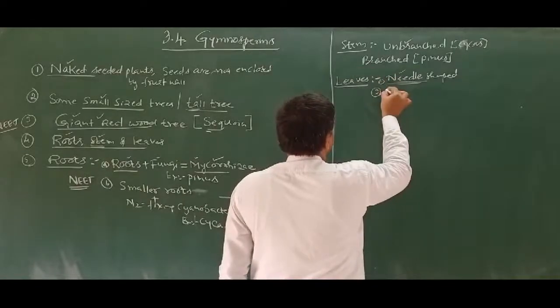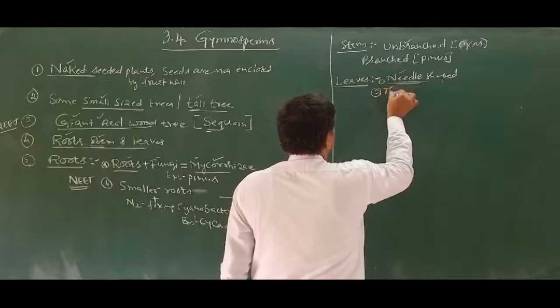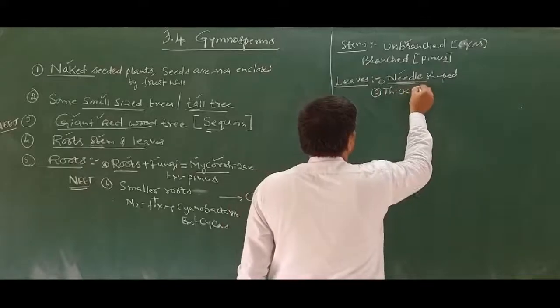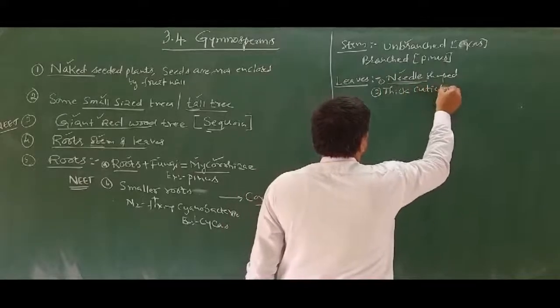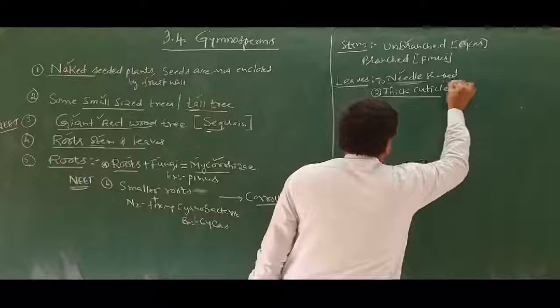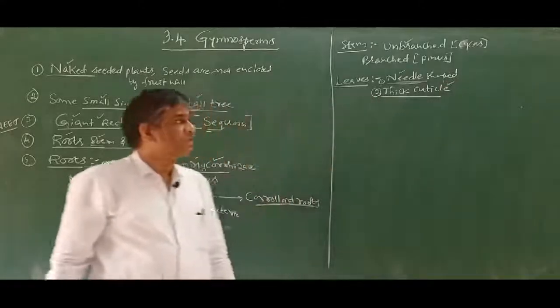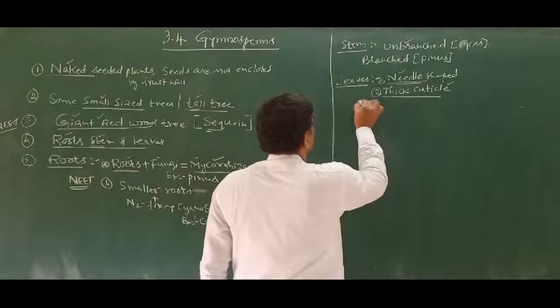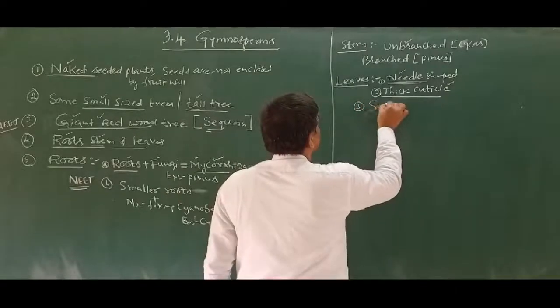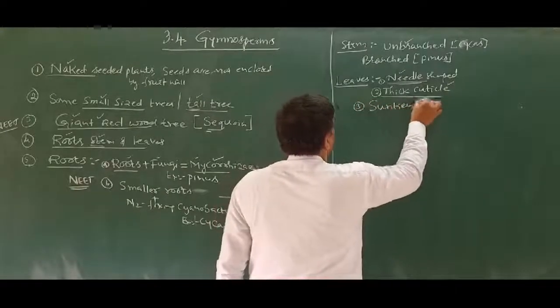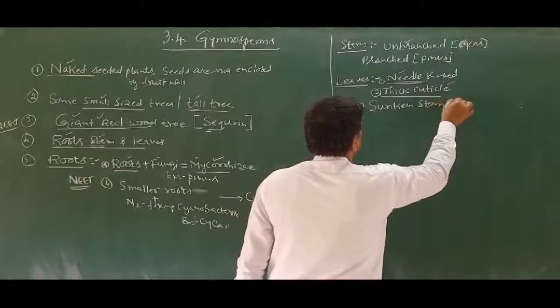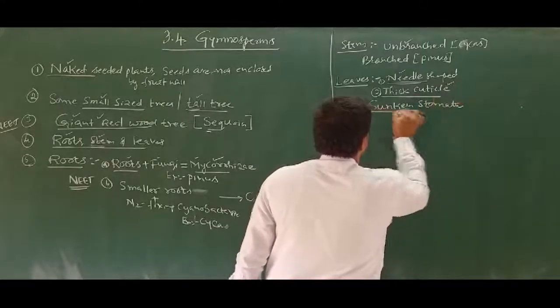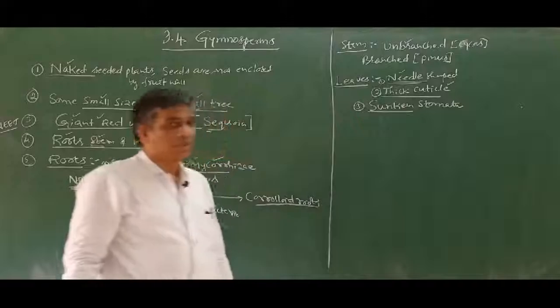Another one is the presence of a thick cuticle in these plants. This thick cuticle prevents loss of water from the leaves. So this is another speciality of the leaves. And one more thing is they have sunken stomata. This is the next important characteristic present in the leaves of these gymnosperms.